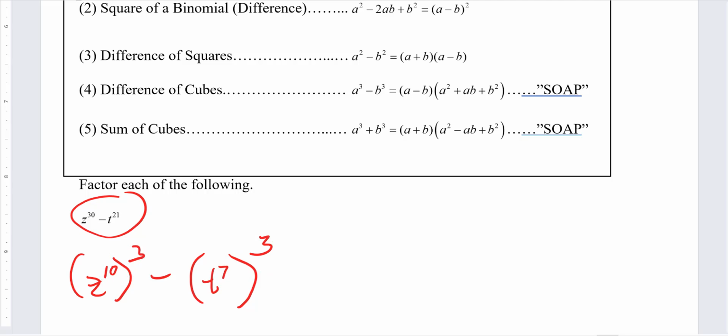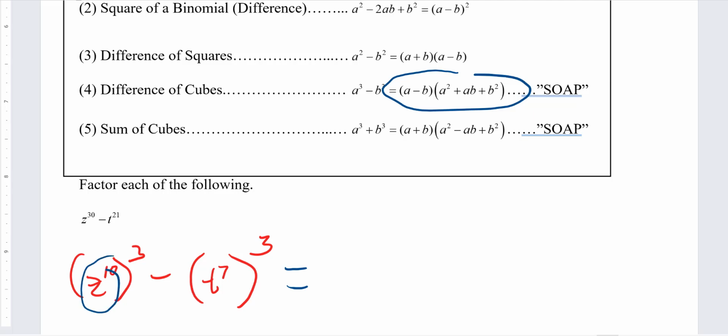So that's the first step. Make it look like a cube minus a cube. Then what the formula is saying is this. It's saying this is equal to this thing, where A is this and B is this.